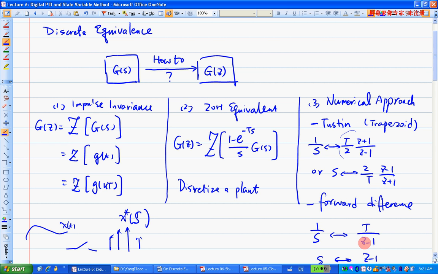If you're actually doing something involving a pose, looking at the system response, comparing the response of the discrete system with the continuous system, we're going to look at this one here.